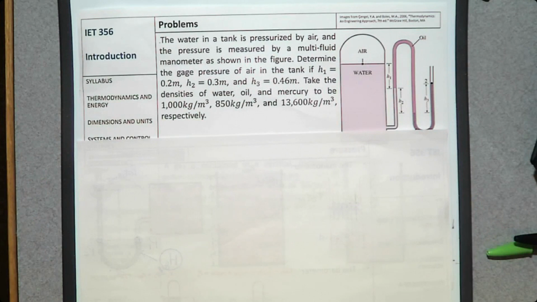So we have mercury here, oil here, and water here. We want to determine the gauge pressure of air in the tank. We know h1, h2, h3. We know the density values of water, oil, and mercury. So we are going to determine the gauge pressure. Why do we determine the gauge pressure? Because we cannot determine the absolute pressure unless we know the atmospheric pressure.